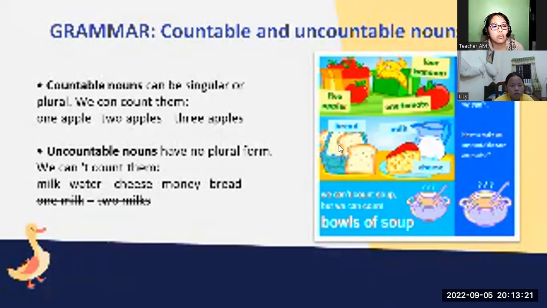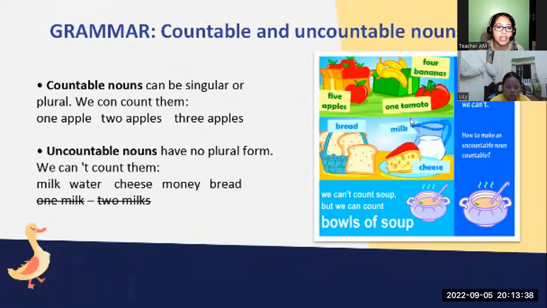We cannot count soup. Look at the milk. Can we count the milk? No, we cannot count milk. Milk cannot be counted unless we put them in the jar or in the bottle or glasses.